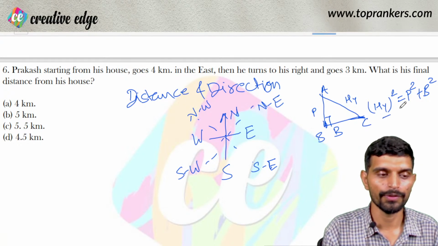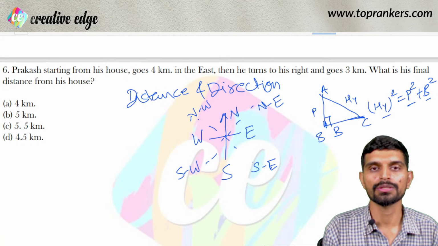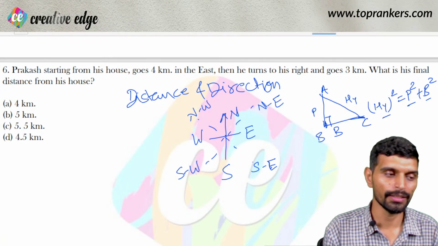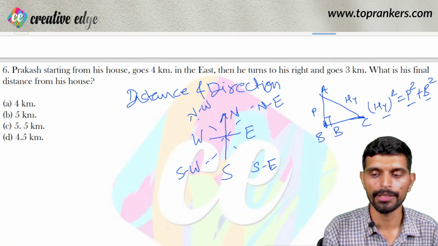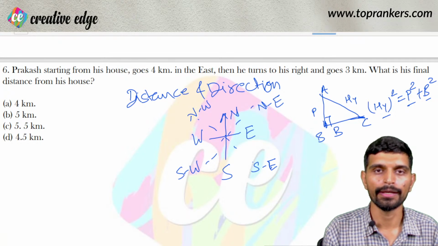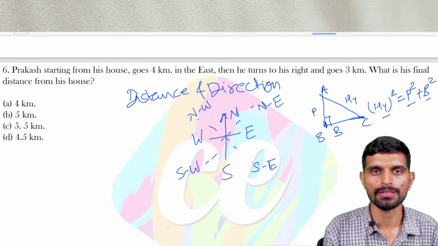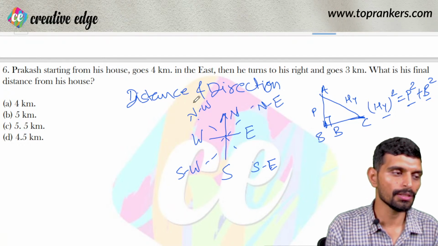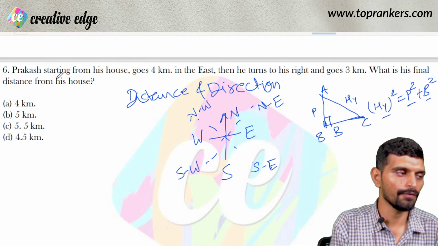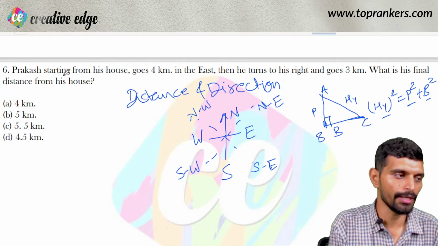So these are the two essential requirements to solve direction and distance based questions. Let's see question number 6, the very first question in distance and direction.